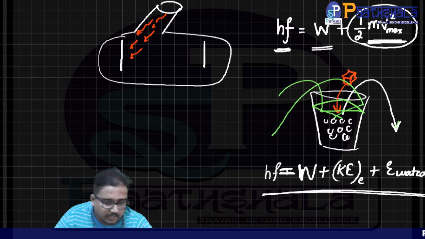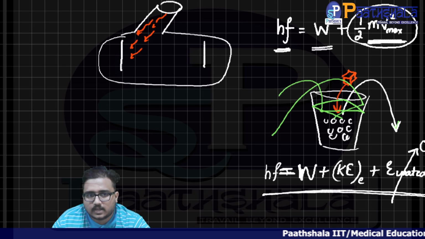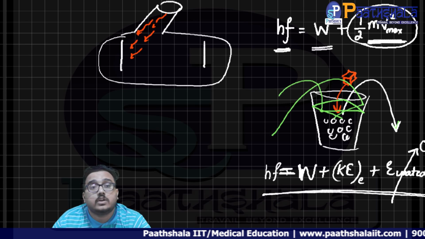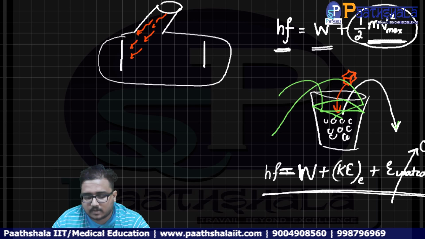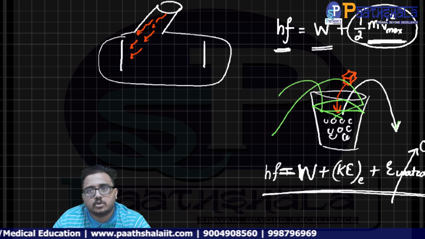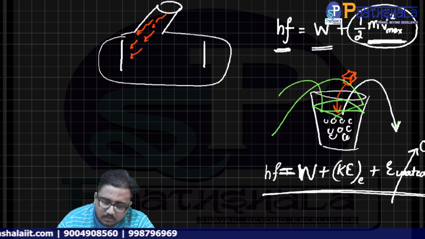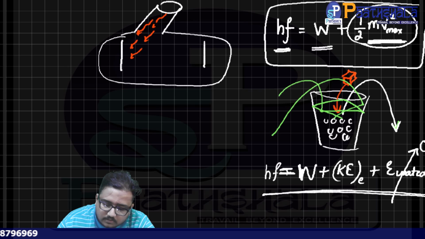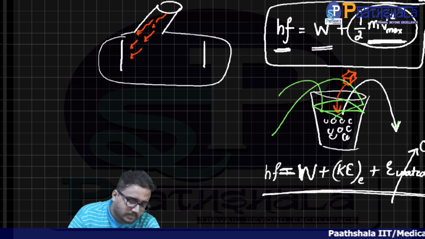For the maximum kinetic energy electron, the wasted part of energy is 0, and for some other electron the wasted part might be something we don't care about, because we don't know what it is and can't measure it, so it's not useful for us. So what we will care about is this particular equation.